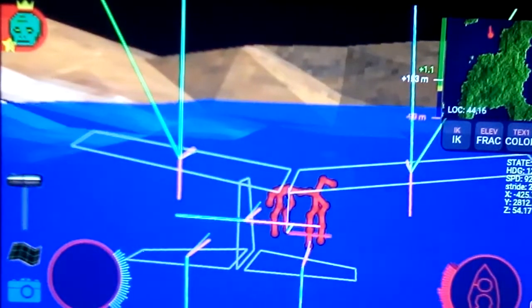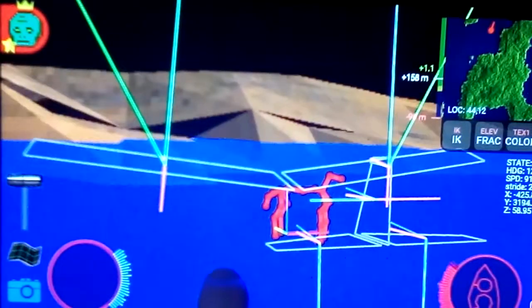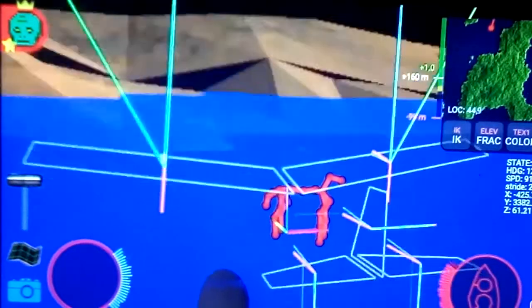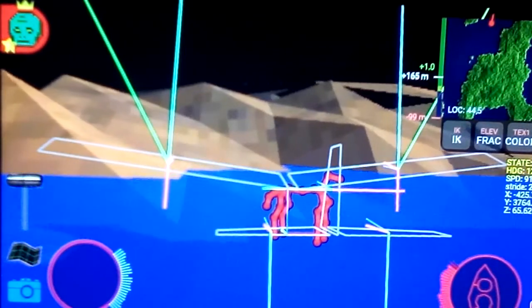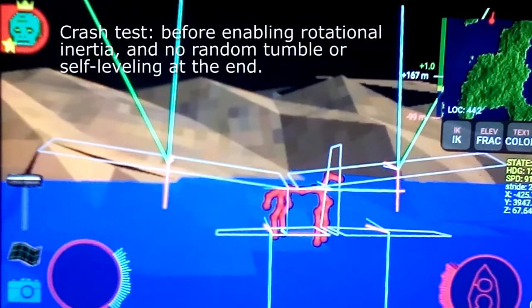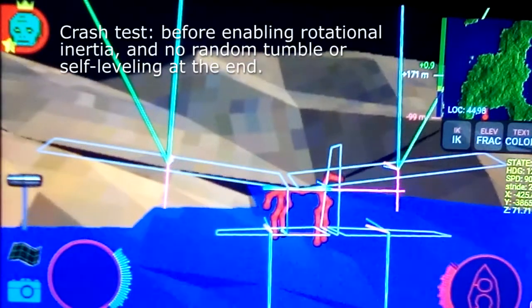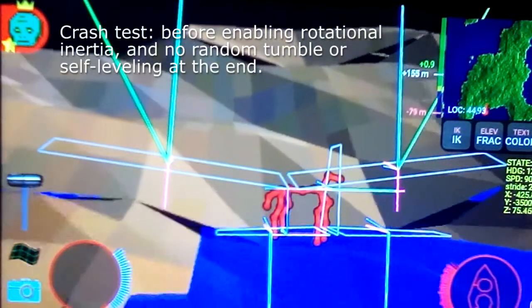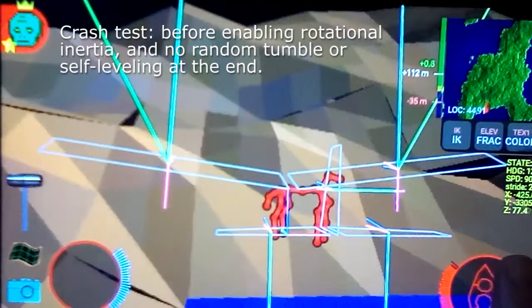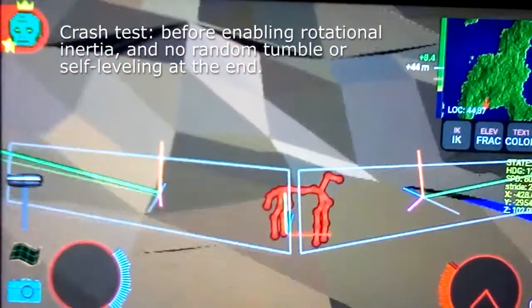Okay, so I think I'm about to become personally acquainted with this mountain here. Okay, what do you think? You think I can get over there if I pull up so quickly? How fast am I going? 81.